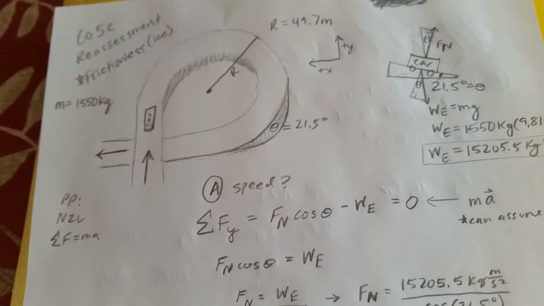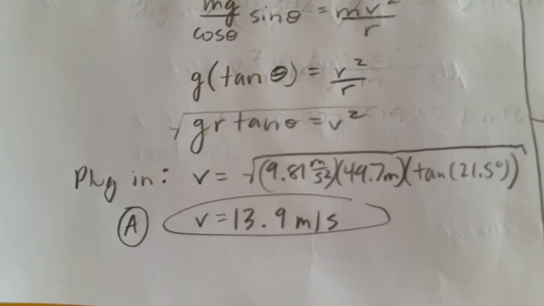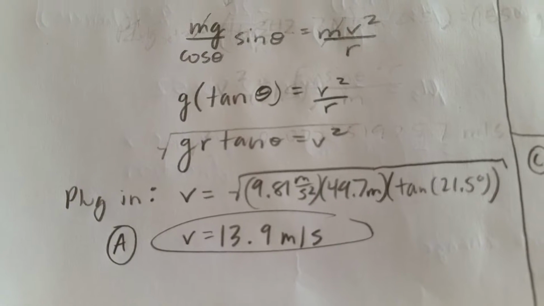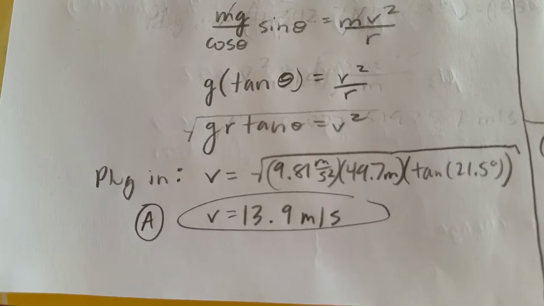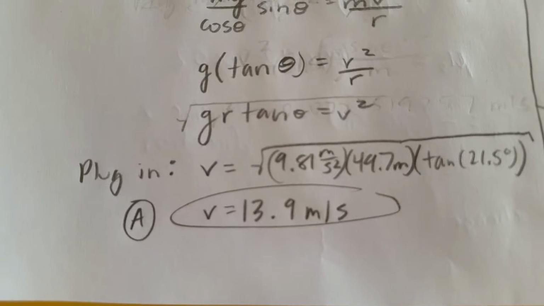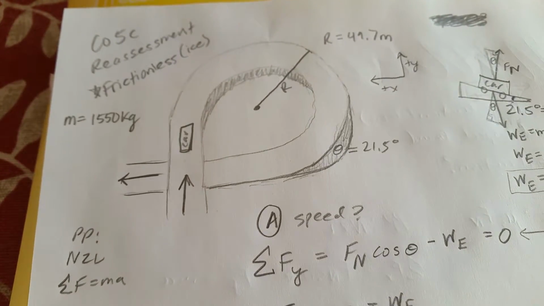In the first part there's no friction because of ice. So the velocity I found was down here, and since there's no friction, and in the real world there actually is friction between your car tires and the road, that's the perfect speed you can go around that curved ramp with no friction.